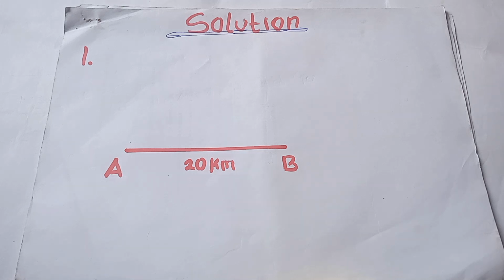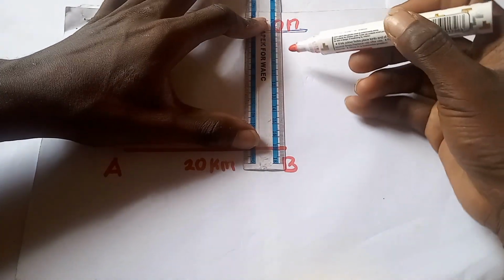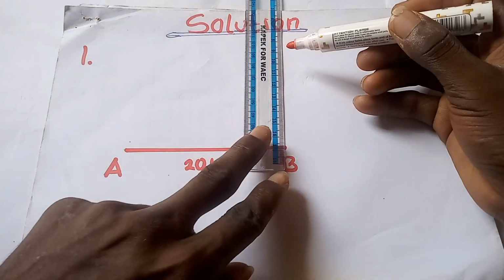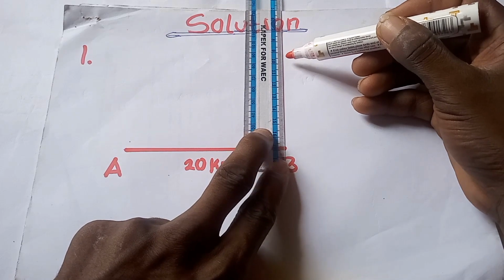So definitely I'm going to have another 20 kilometers drawn from this point B, from point B to C. Let me call this my C.